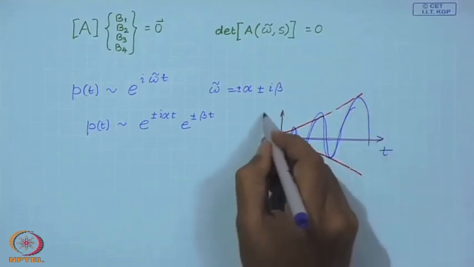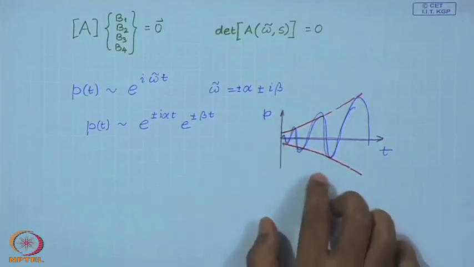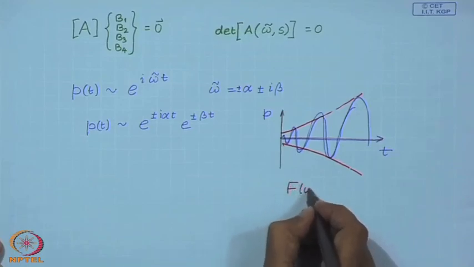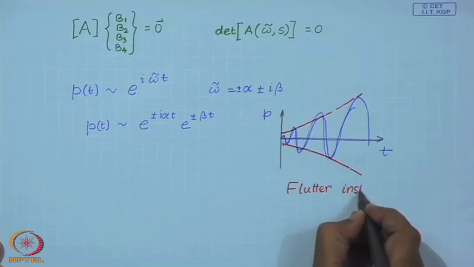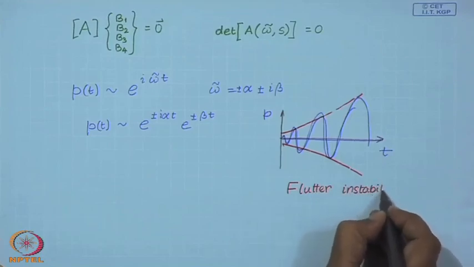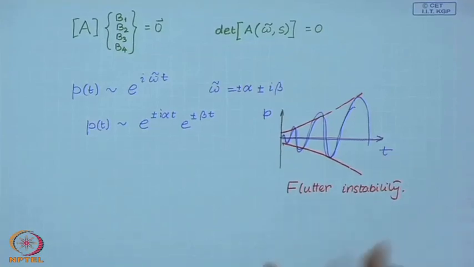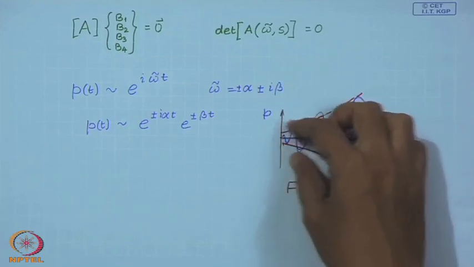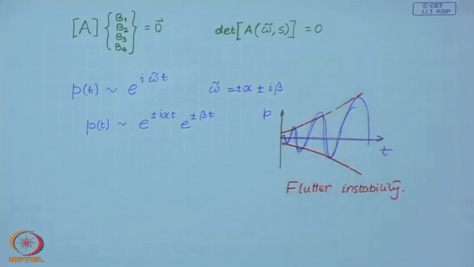So this is time versus the displacement. This kind of behavior is known as flutter, and we observe flutter instability in beams with follower force. There is a fluctuation with exponentially varying amplitude.